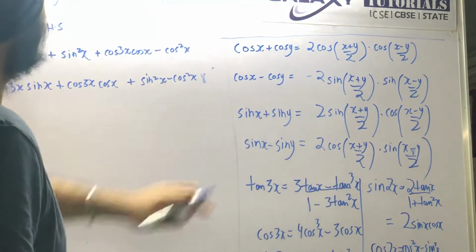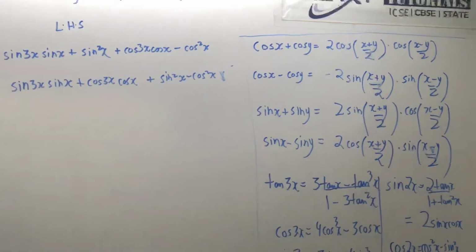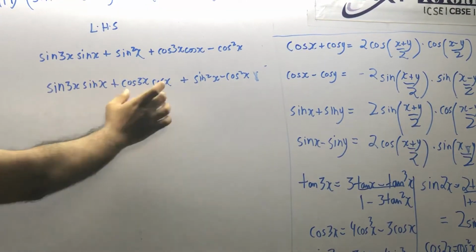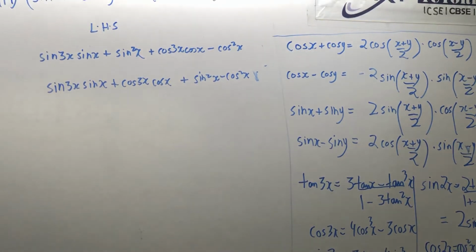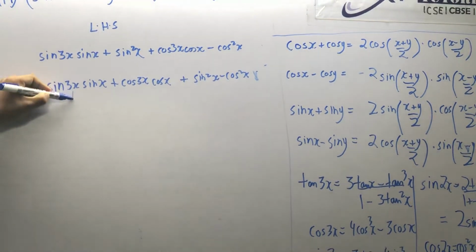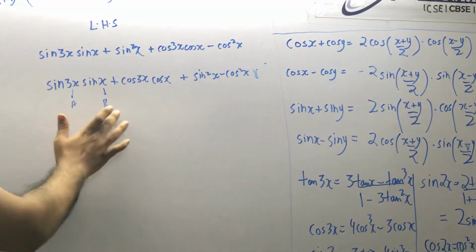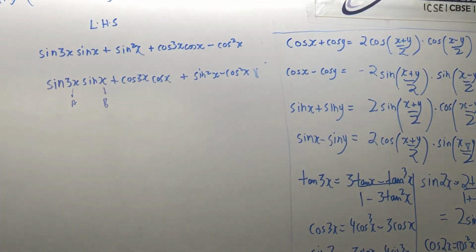Don't write 0 here, we are just solving the LHS, so no need to write is equal to 0. Now look carefully at sin 3x sin x plus cos 3x cos x. Just assume 3x as A and x as B, so sin A sin B plus cos A cos B.